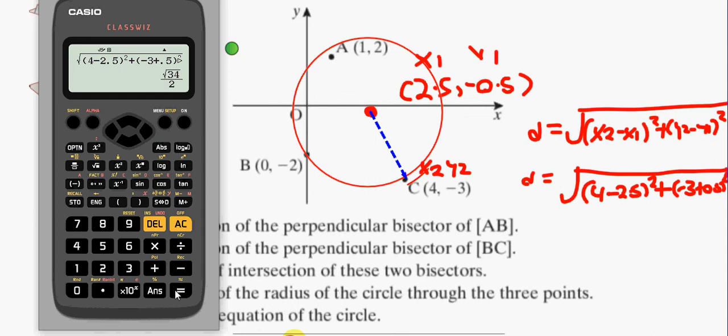Let's check that one more time. 4 take away 2.5 is perfect, and minus 3 plus 0.5 is also correct.